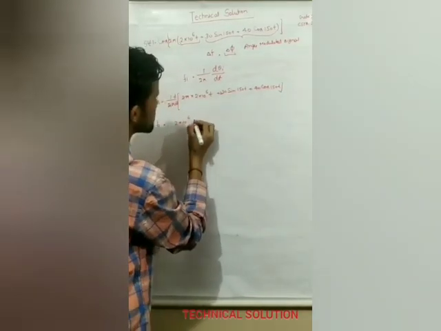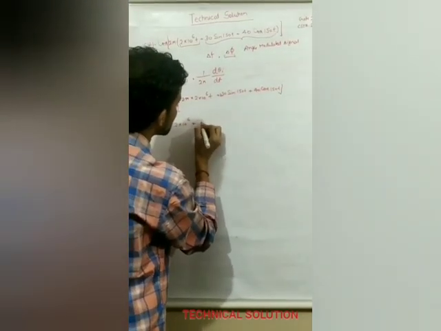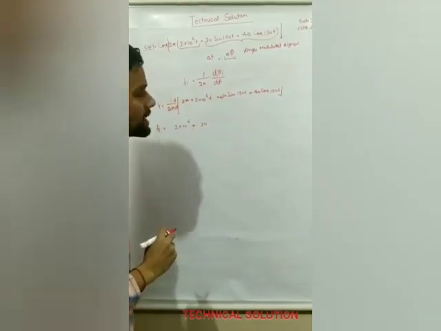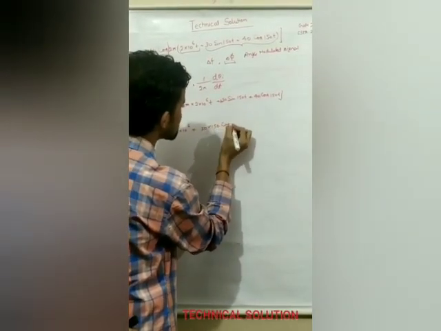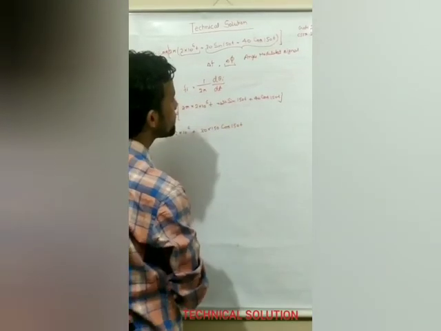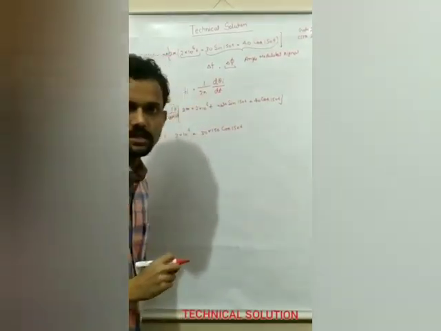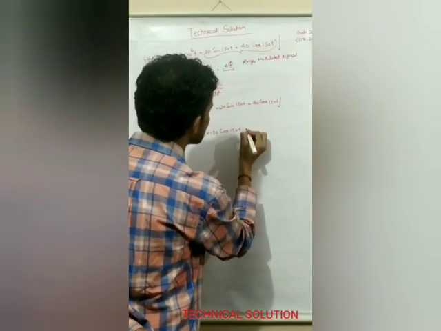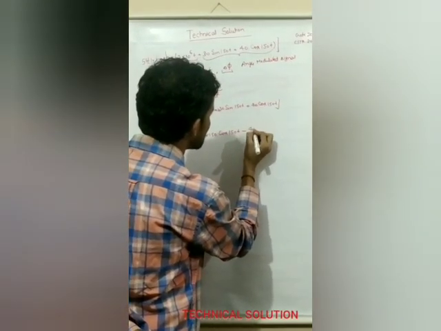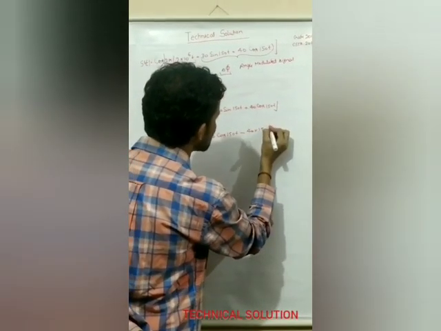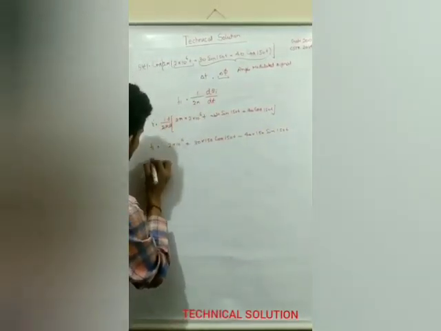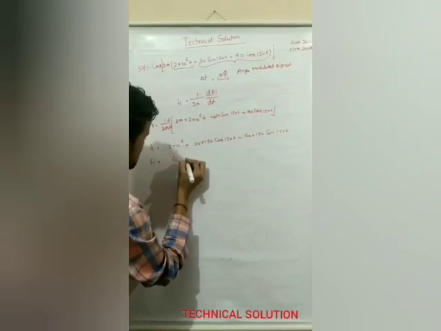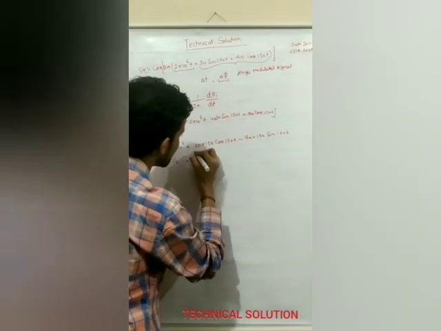Plus 30 times the differentiation of sin 150t, which is 150 cos 150t, and the differentiation of cos is minus sin, so minus 40 times 150 sin 150t. This is our carrier frequency fc, and this whole part is delta f.